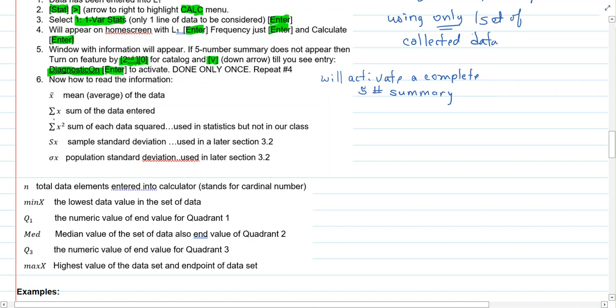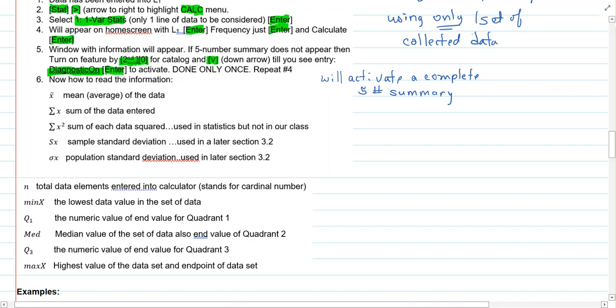Then you have the sigma X, which means the sum of the data entered. We don't use that in this class, but it could come later if you take advanced statistics. Then we have the sum of X squared, sums of each data squared, used in statistics, but not in our class.